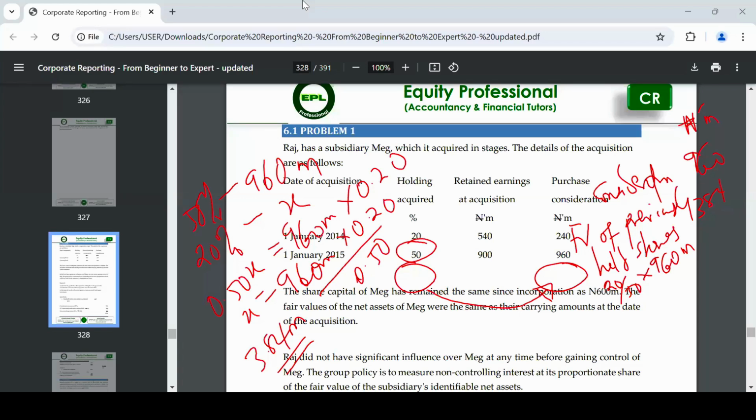Number two, pay attention to what I did here when I didn't do that primary school mathematics: all I said was, what is the previously held holding over the current purchased holding?